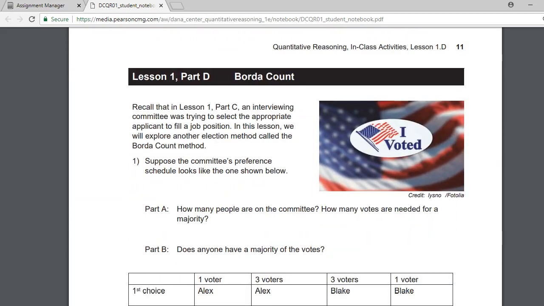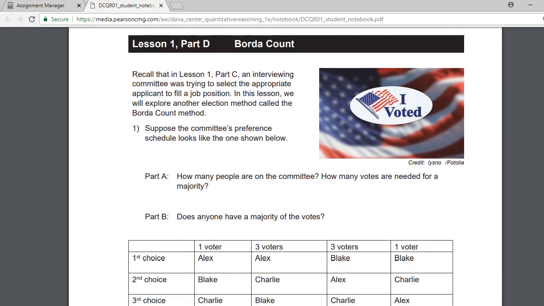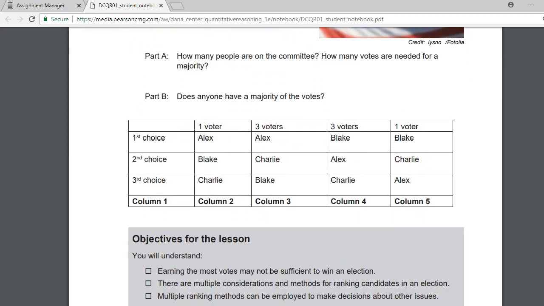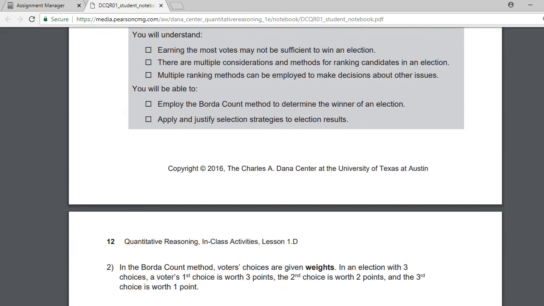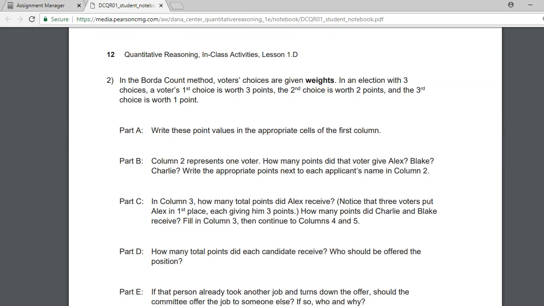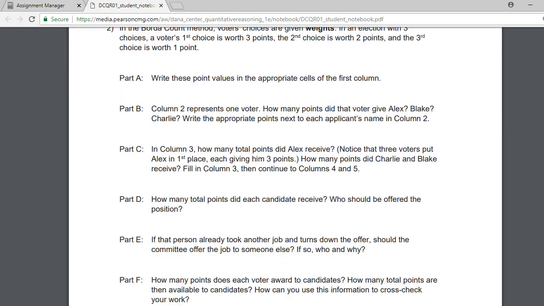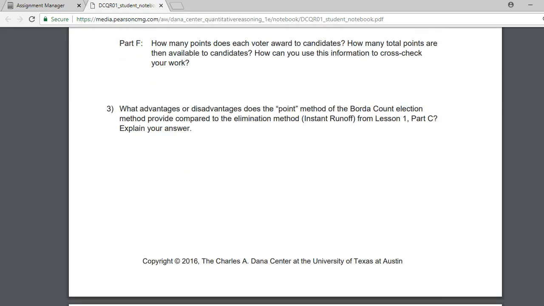Can you determine a winner using Borda count? You need to know what it is and how you would take a chart like this and manipulate it so that you're using the Borda count method to determine a winner. This is explaining Borda count as we go on through the lesson, and then we worked through how to calculate that, and then we had opinions, whether we liked it or not.